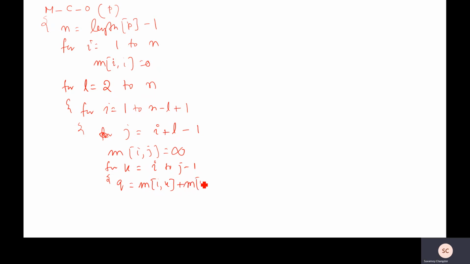If this q is less than the previous value m[i,j], then this is the minimum. Then we update m[i,j] with q, and we store s[i,j] as k, because at the kth index we are getting the minimum value.